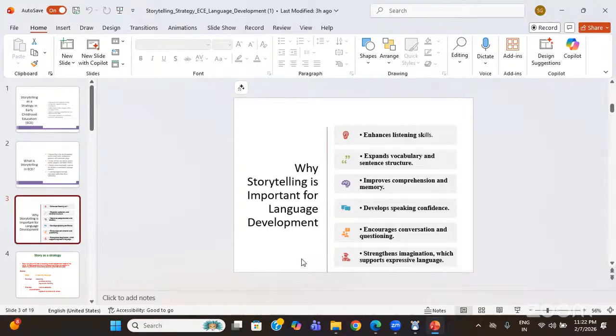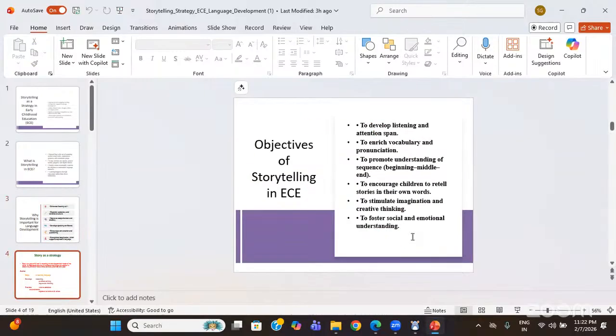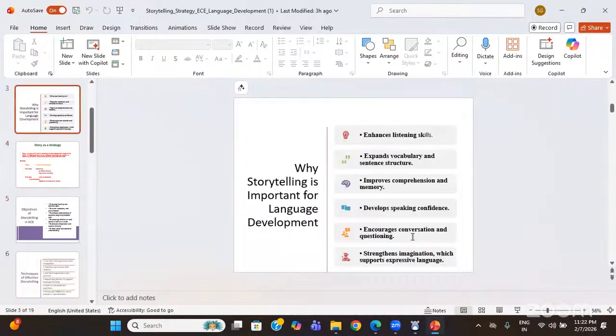All these he will understand and remember. So memory improves, comprehension also improves, and it develops speaking confidence. When a child is given the opportunity to tell the story, he will narrate it with much confidence and much clarity. So it also encourages conversation and questioning.